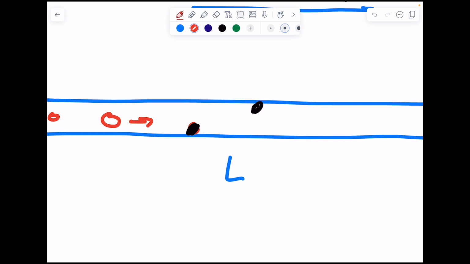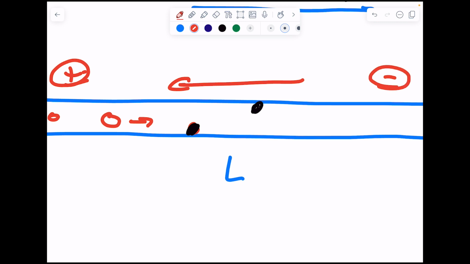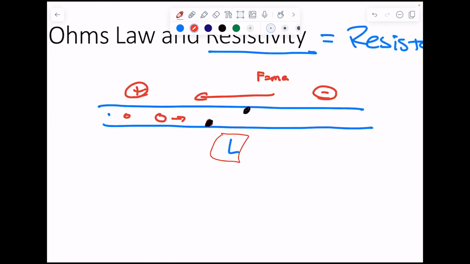As you apply a force through an electric field, going from positive over here to negative over here, the electron accelerates, because force is mass times acceleration, which we've learned. The further it has to travel, the more things it bumps into. So the length of the wire makes a difference in terms of the resistivity.